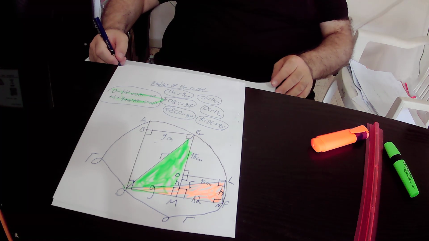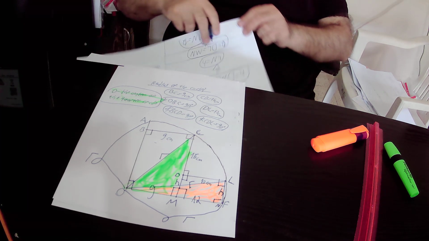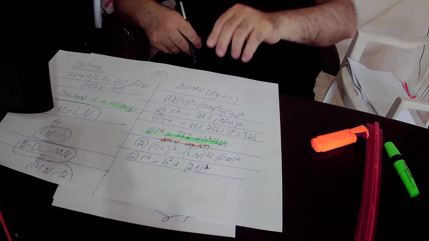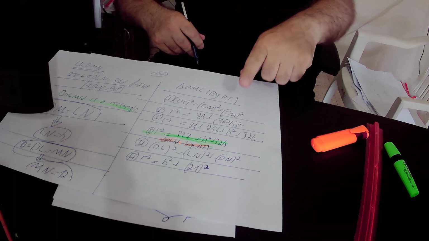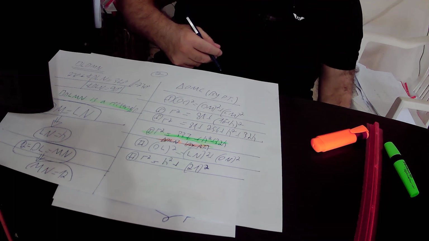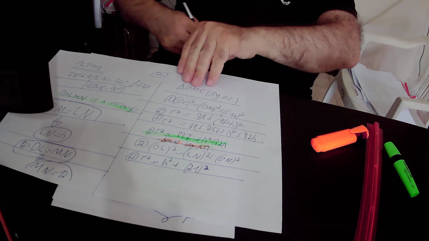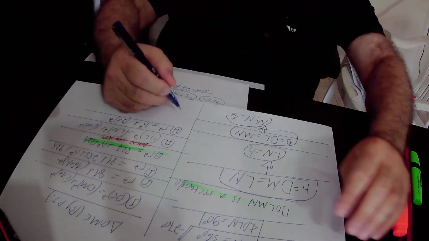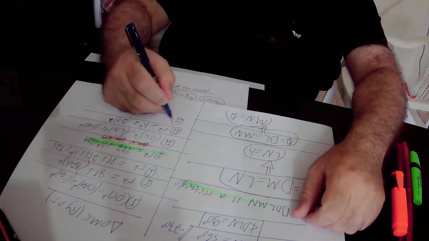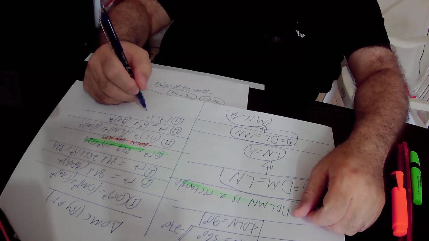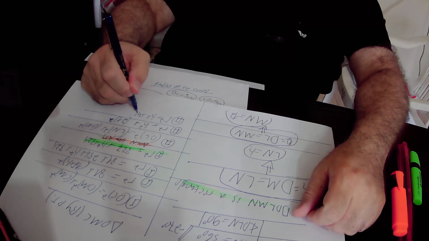In conclusion, we found out that according to equation number 2, R squared equals H squared plus 21 squared. Here, 21 squared is 441, so we write it down. R squared equals H squared plus 441.